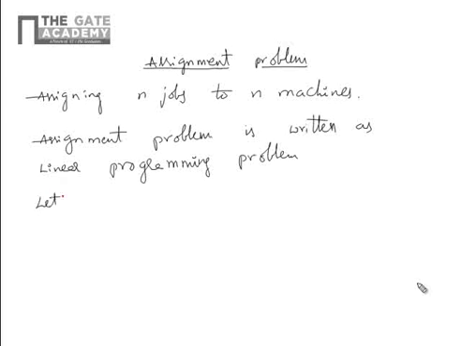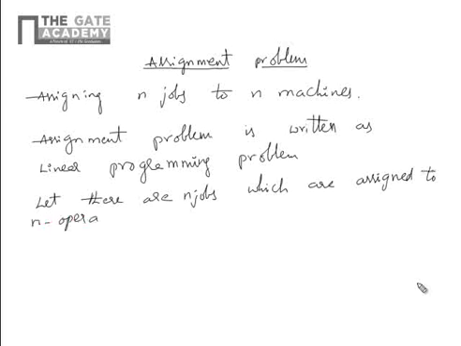Let there be n jobs which are assigned to n operators, so that one job is assigned to only one operator. The constraint is only one job to one operator.